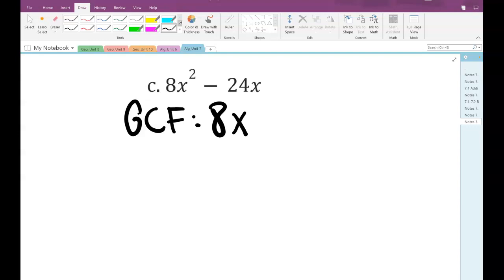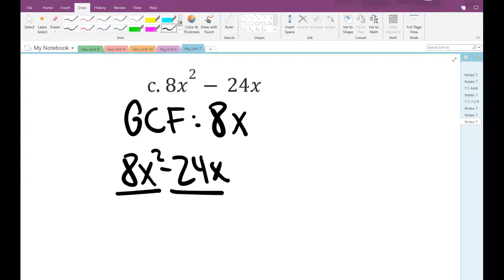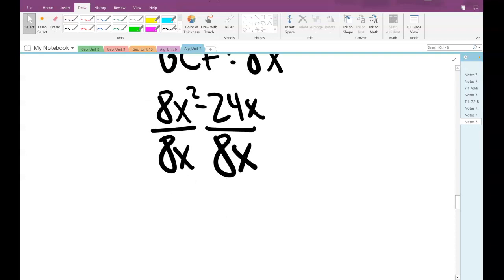And then I take my original and I divide each of them by, not 8, but 8x, because that's what my greatest common factor is. So now I write it in factored form, so it'll be 8x, parentheses, 8x squared divided by 8x.